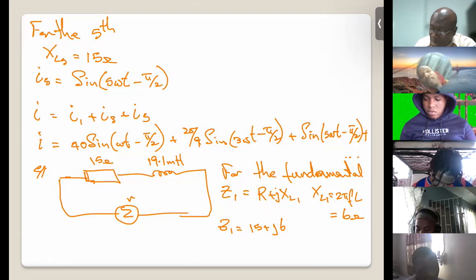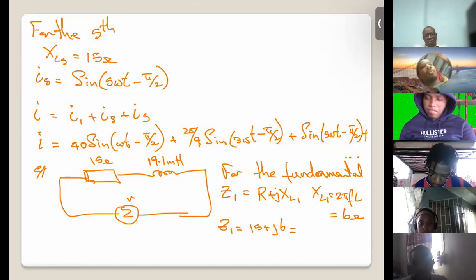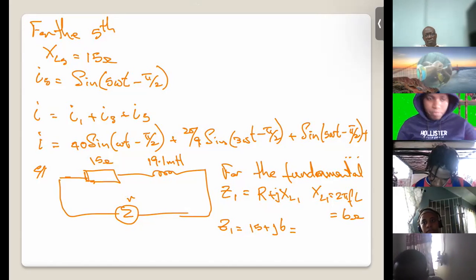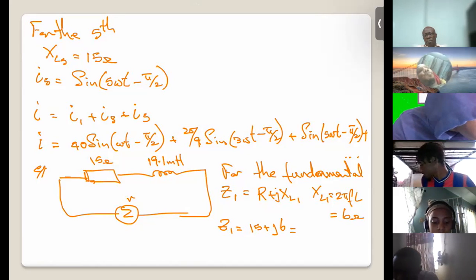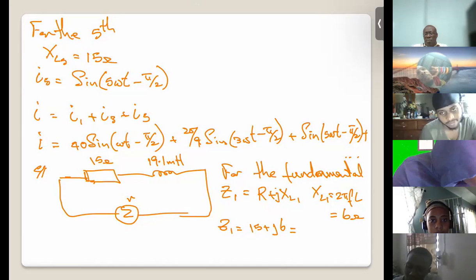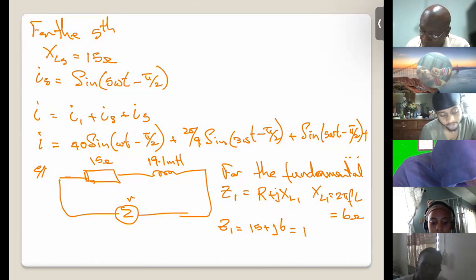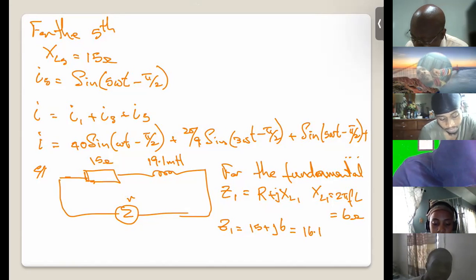Next step is that we write this in polar form. What is it in polar form? 16.15549.